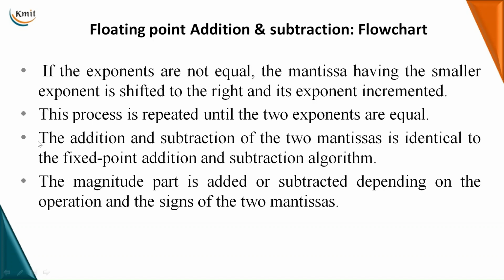The next step is addition and subtraction of the two mantissas. In this step, you are going to perform addition and subtraction operations on the two mantissas, which is identical to the fixed point addition and subtraction algorithm. The magnitude part of your data is added or subtracted depending upon the operation and the signs of the two mantissas.